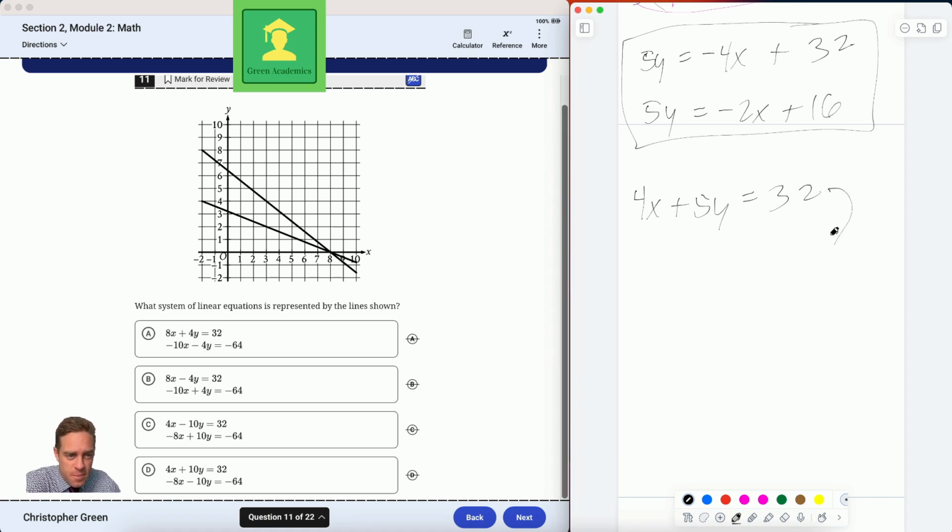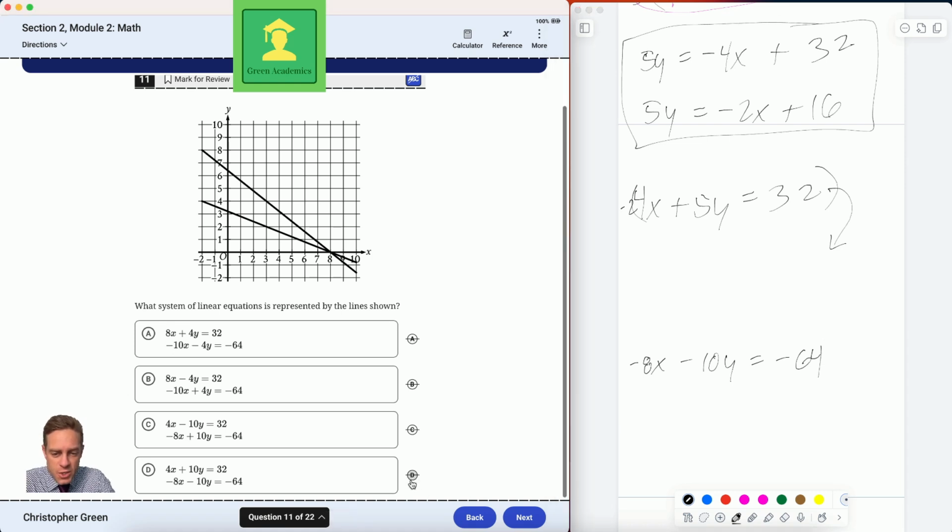So this becomes the bottom one in D as in dog. This is actually the same thing. If you multiply everything by negative 2, it becomes negative 8x minus 10y is negative 64. That should be D as in dog. Now let's just make sure that, so let me color code again, right?